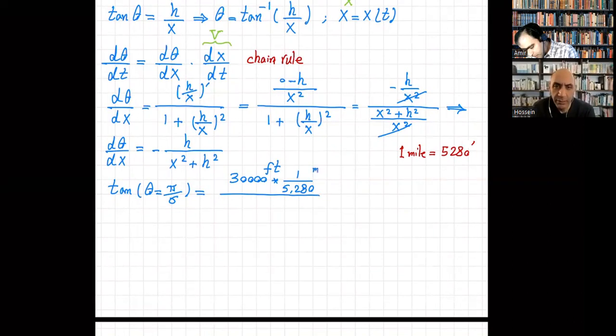Then it's consistent with the unit of the velocity, which is miles per hour. That's the reason we want to change it to miles, because the velocity is in miles per hour. You can do otherwise: we could change the velocity to feet per hour.